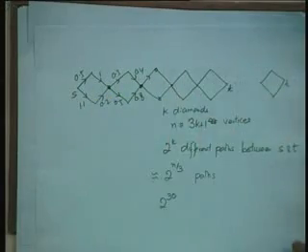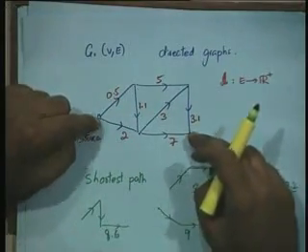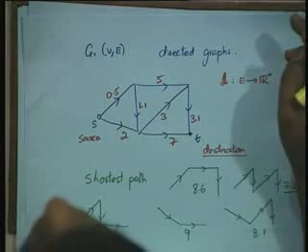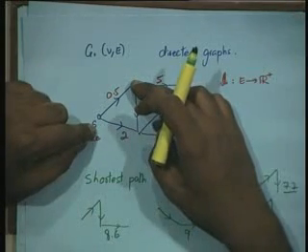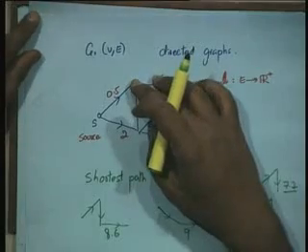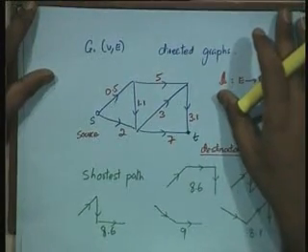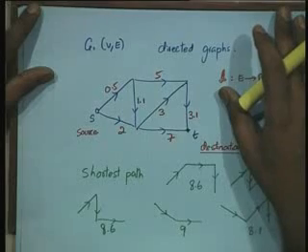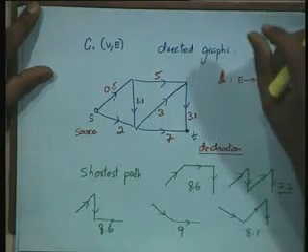We can't say such a thing anymore. If I have to go from here to here, I can't say which is the first vertex I have to get to. Maybe I have to go through this vertex, maybe not. Can't say. Everyone with me? So that's part of the problem.